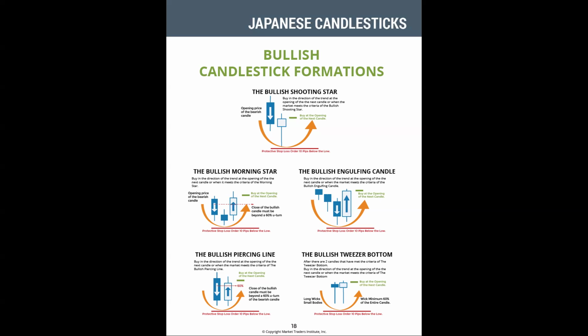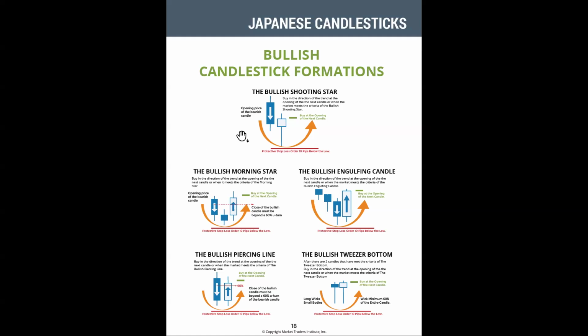So while there are candlesticks everywhere, there are candlestick patterns and candlestick formations. A pattern or formation could be in the form of a single candlestick, two candlesticks, three candlesticks, and more.